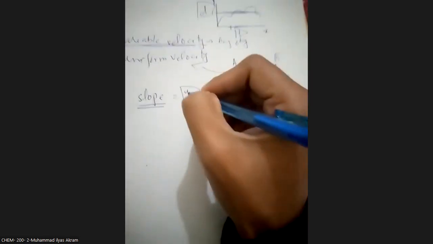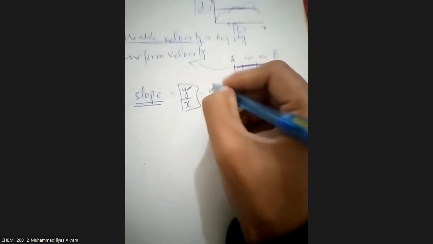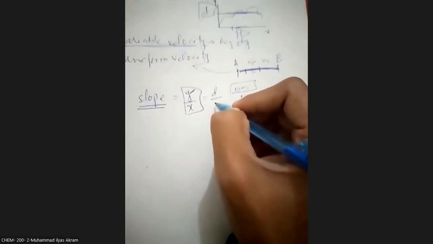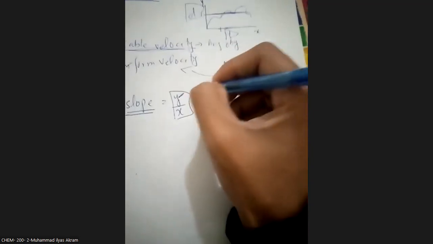The y axis shows us displacement, while the x shows us the time. So we say that the change in displacement of any body with respect to time is called velocity.